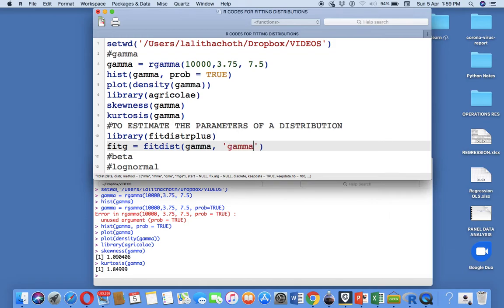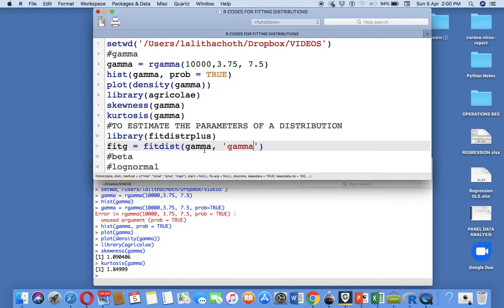I want a gamma distribution. Now, I've already generated it, so if I give you data, I should get back these parameters. Very, very useful command when you're working with real data, because when you're working with real data, you do not know what the parameters are.